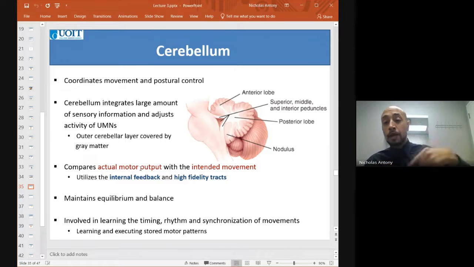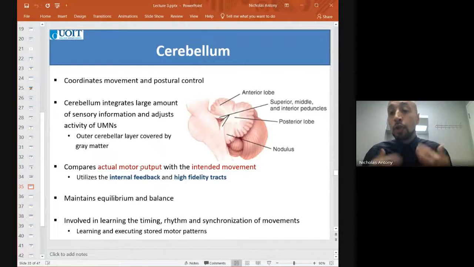And so it's the cerebellum, with repetition, that is memorizing what activation, what coordination, or what order to activate the muscles led to a closer achievement of our motor skill goal. So motor pattern learning is in the cerebellum based on that. And then the bottom part of the cerebellum is responsible for coordinating equilibrium and balance.